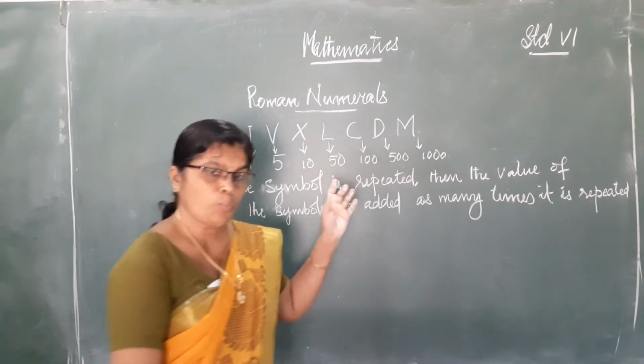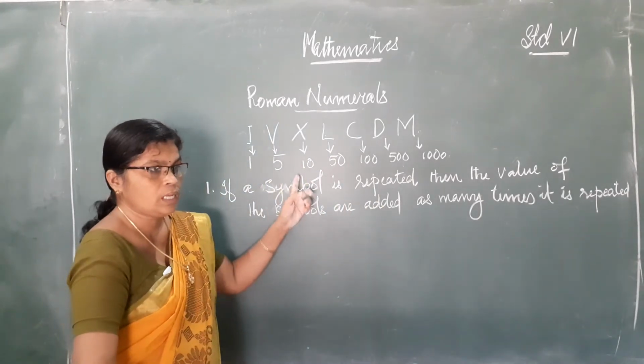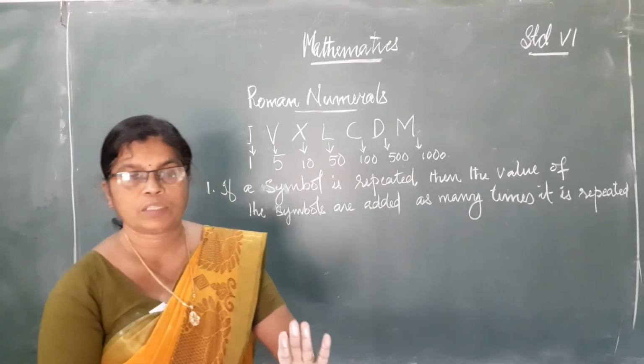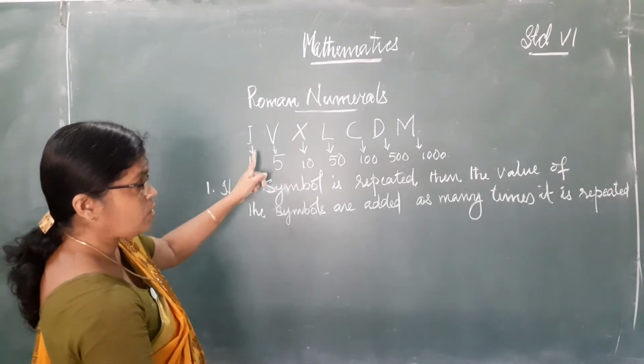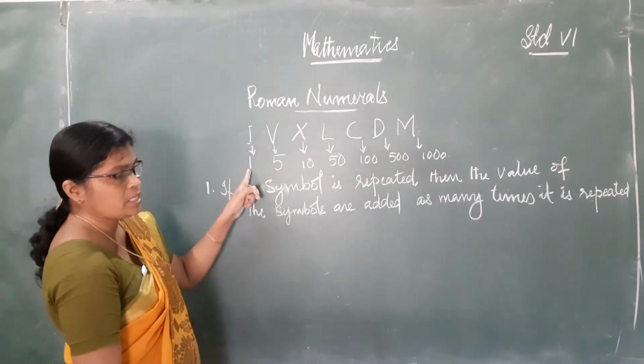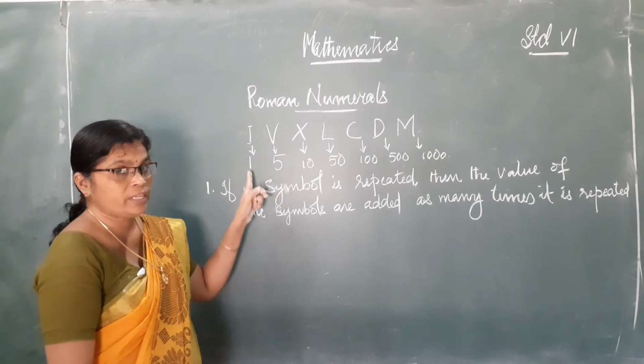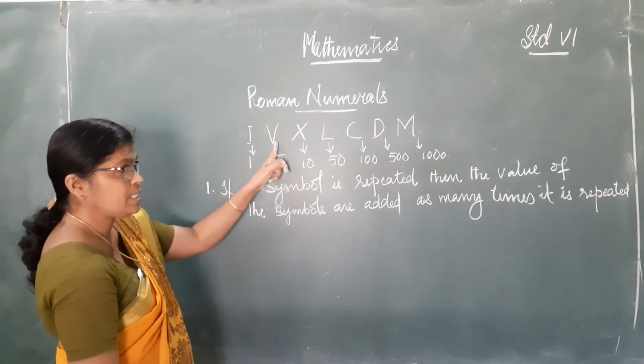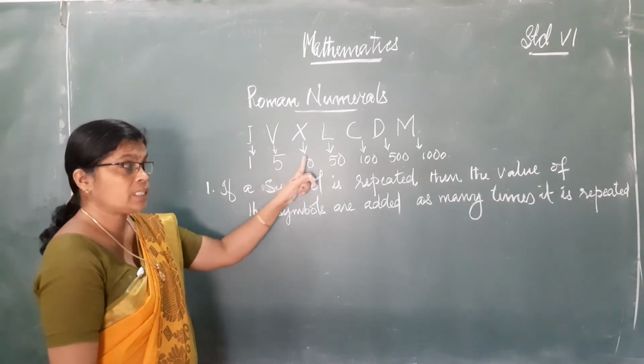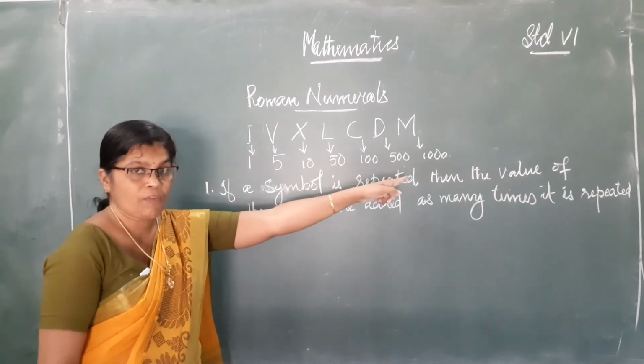That means how many times the symbol is repeated, that many times the value of the symbol is added. These are the values of the symbols. I symbol has value 1, then V symbol has value 5. Like that these symbols have these values.